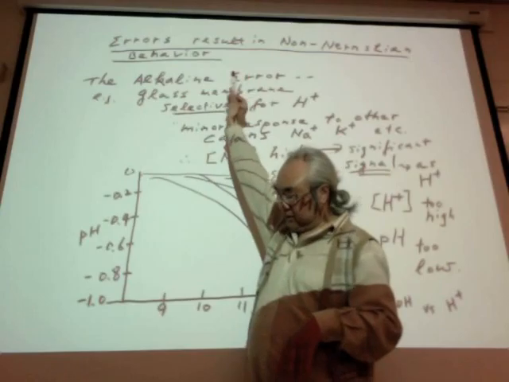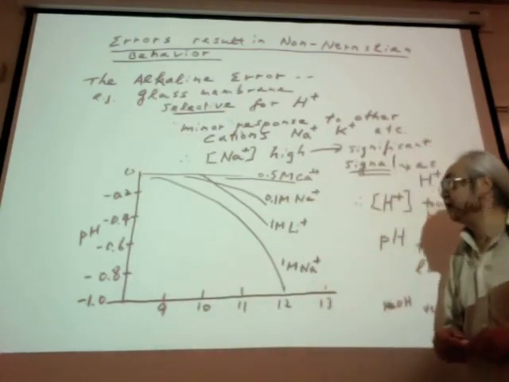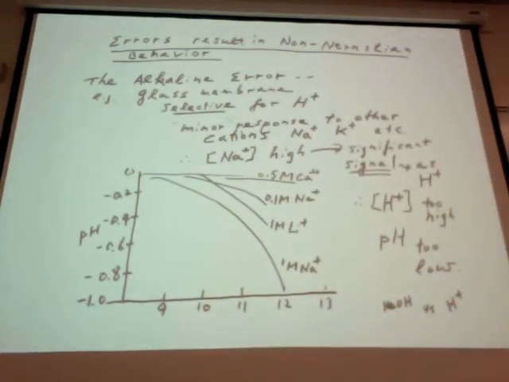When pH is alkaline, that means the concentration of OH minus is going to be higher than the concentration of H plus, while your pH meter measures this activity.